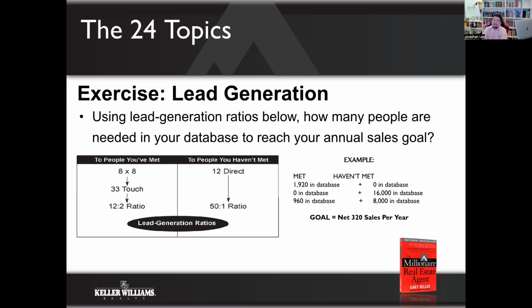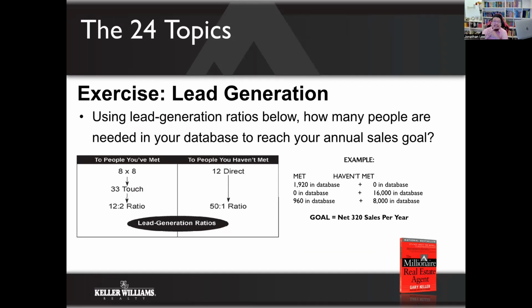So if you're going to net 20 sales per year, as an example, you need to have 1,920 met people in your database, and for haven't met, you need about 16,000. Out of 960 of them, based on this combination, you will get 320 sales. It's a numbers game. This is the ratio.